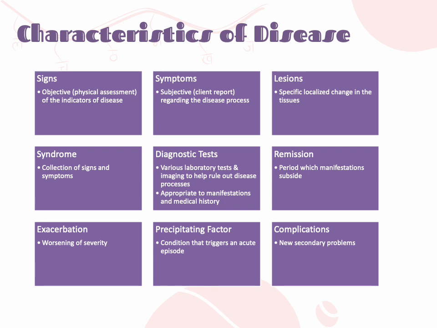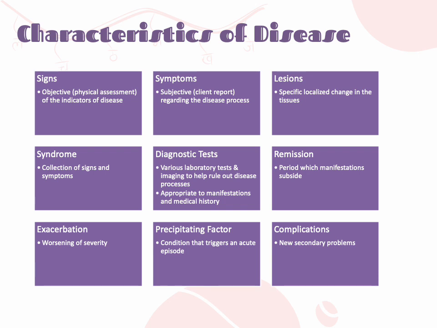Then we have symptoms. Symptoms are based off of the client's report regarding the disease process. So this is a subjective area. They tell me, hey, I'm feeling short of breath, or I'm experiencing some shortness of breath. The client has told me that they are experiencing shortness of breath, so I would write that down as a symptom. A sign, again, is me assessing them and I hear that they have crackles.